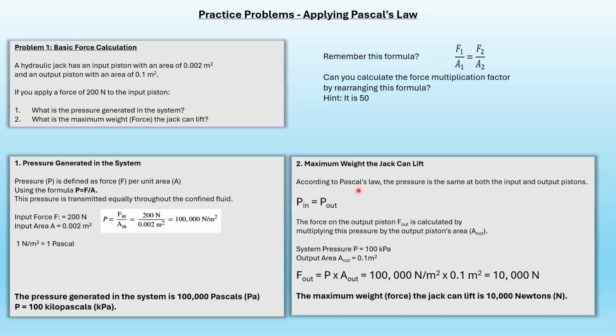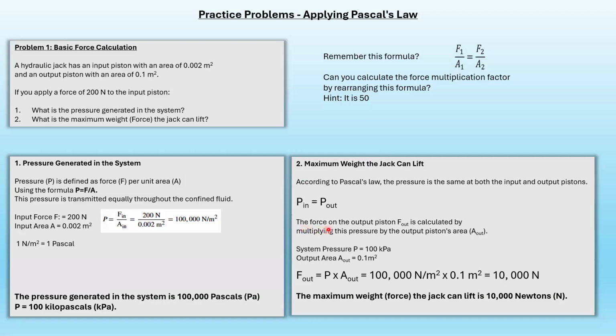All right, according to Pascal's law, the pressure is the same in both input and the output pistons, because Pascal's law says that once you have a closed system, you have the pressure equal everywhere. So that's very good information for us to have. Which means that the pressure in one spot is also equal to the pressure in the other spot.